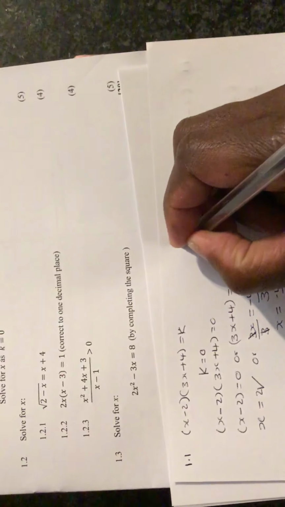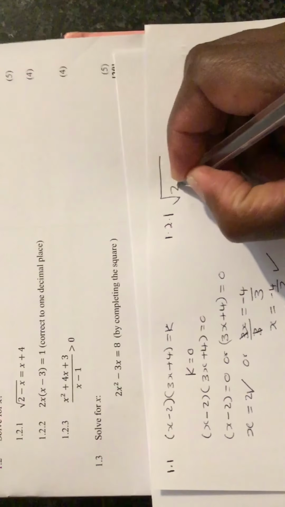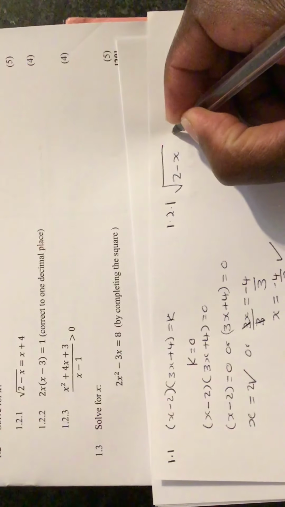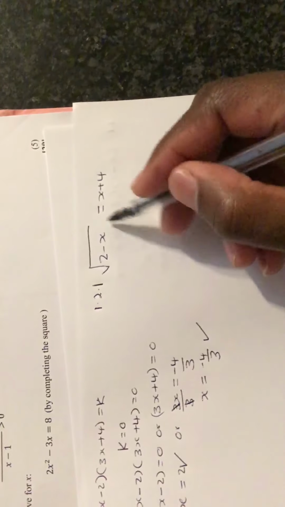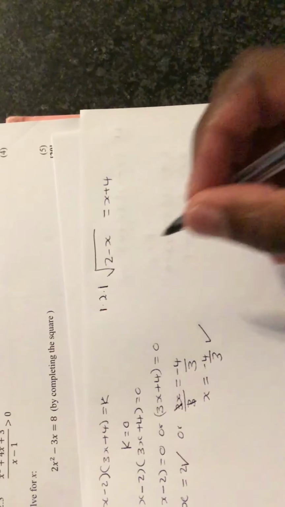So the second question will be 1.2.1. Square root of 2 minus x equals x plus 4. Now, you know that immediately when you've got a square root, then you need to square so that we can take that particular square root out.